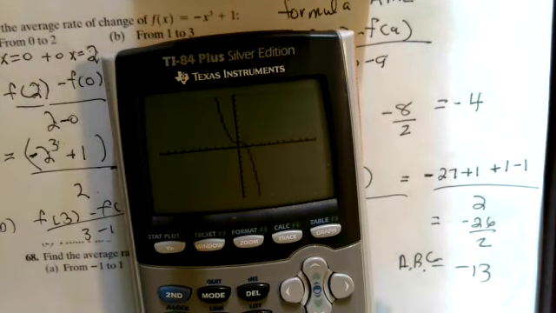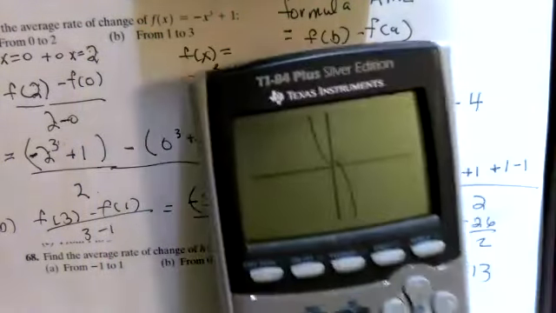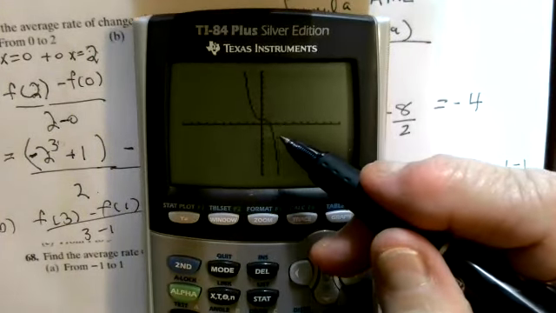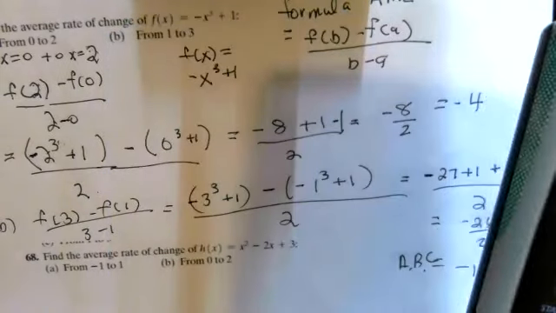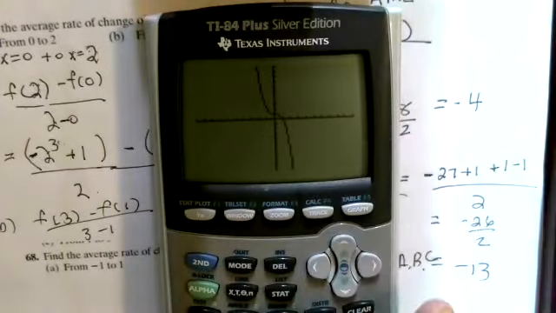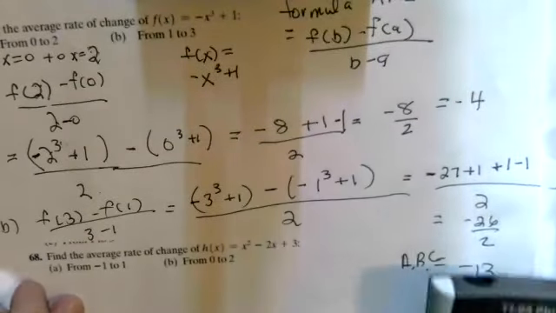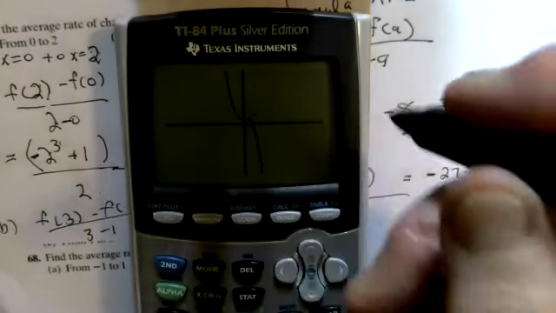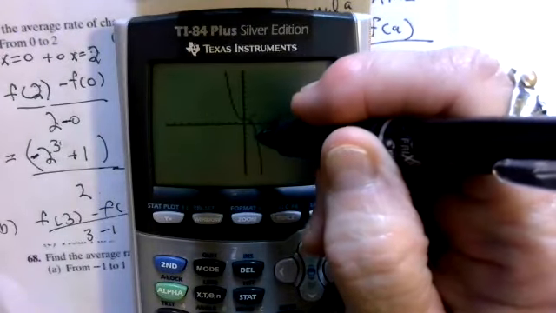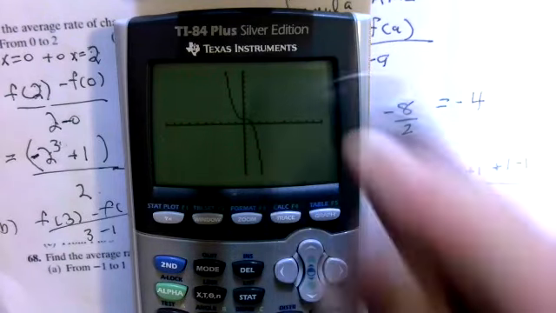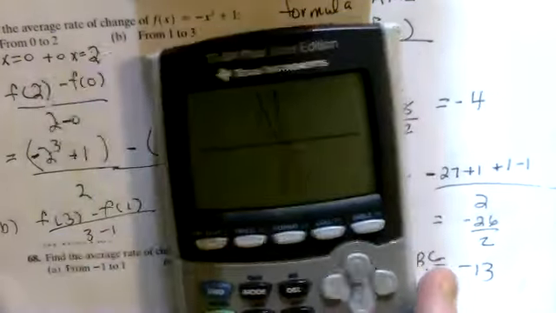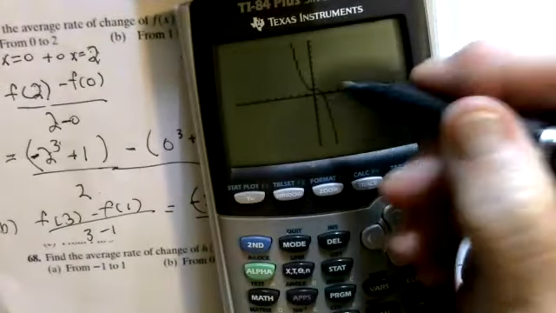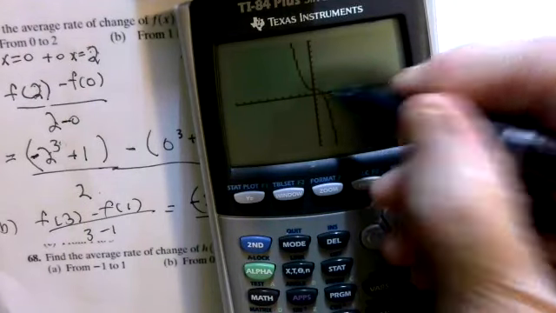Okay, so the average rate of change between 0 and 2 is different from the average rate of change between 1 and 3. We got a -4 here and a -13 here. So if you look, it does start decreasing faster right there, and that's from 1 to 3. So that's going this way.